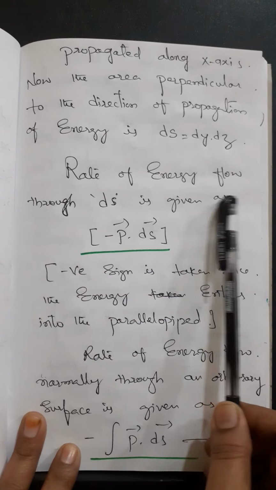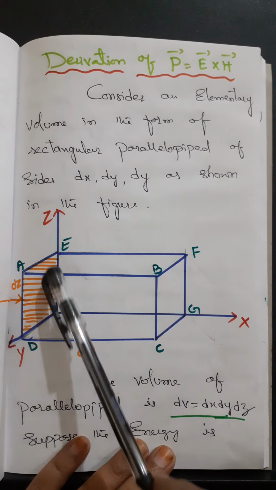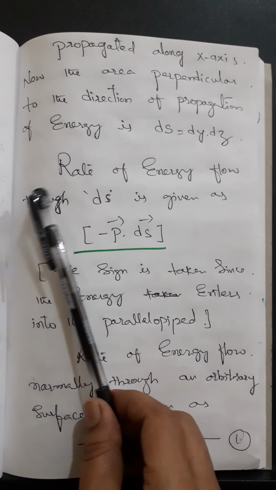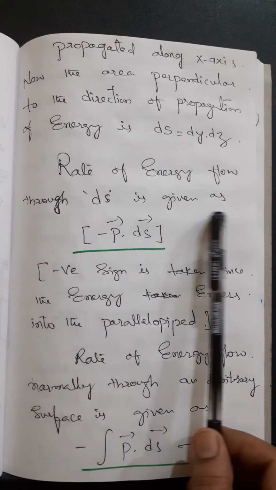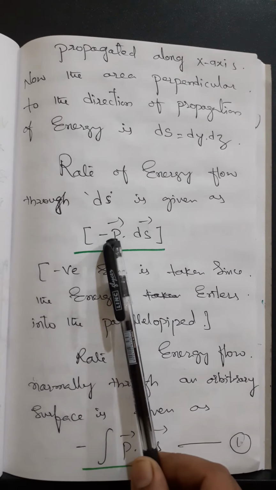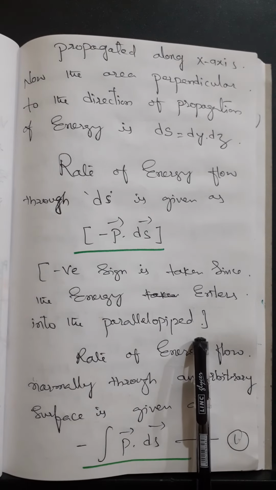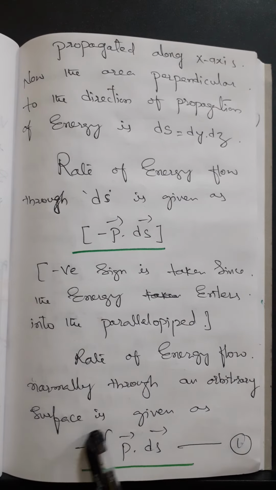Now the rate of energy flow through dS. For this small volume element, the rate of energy flow can be given as minus P dot dS. Here minus is taken because the energy is entering the parallelepiped.